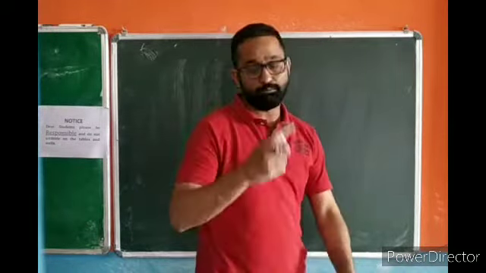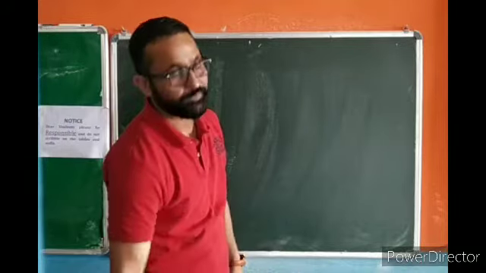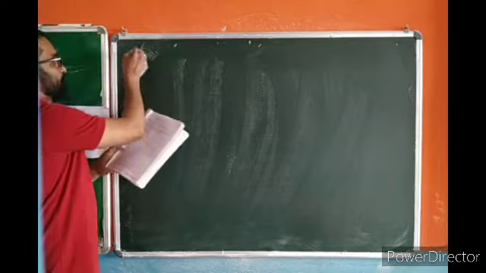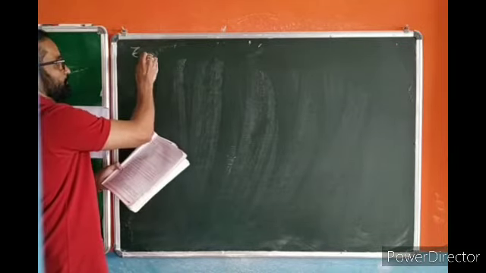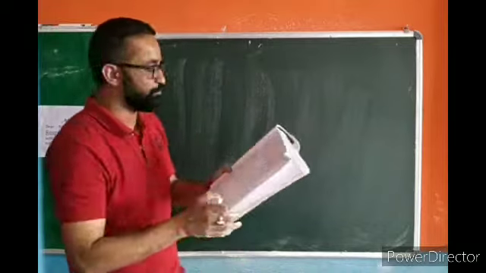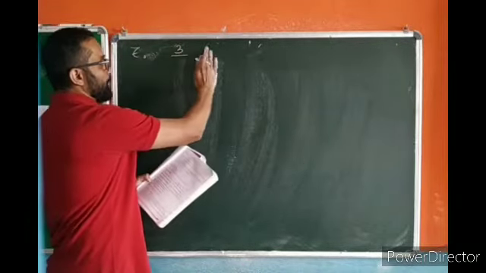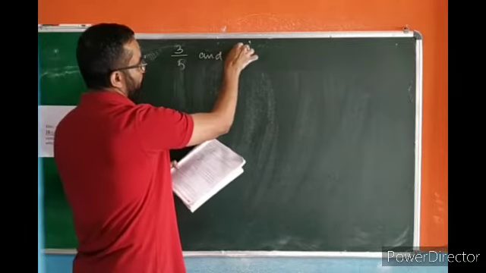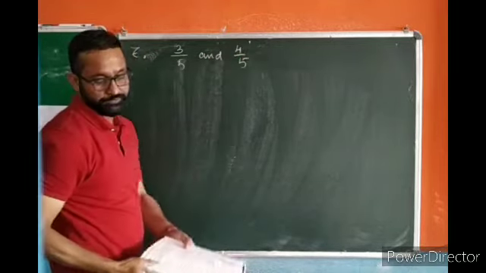Let's do one sum based on rational numbers. That is question number 7. Look at this. Question says that insert 5 rational numbers between 3/5 and 4/5.